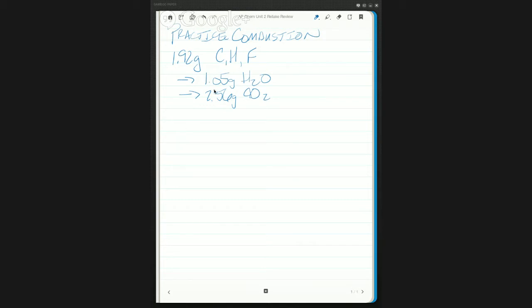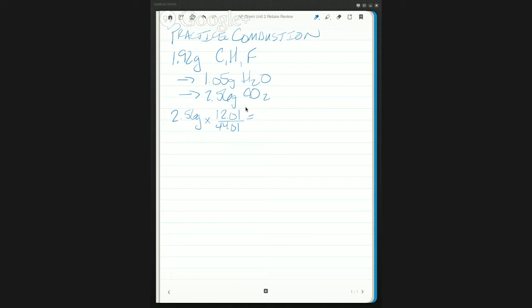From this part, I think you guys are getting pretty good at it. You can take the 2.56 grams and multiply it by the percent of carbon in carbon dioxide. You may have memorized that percentage already, but we're just going to do 12.01 divided by 44.01 grams, which gives us 27.29 percent.